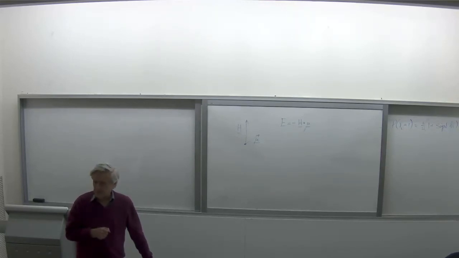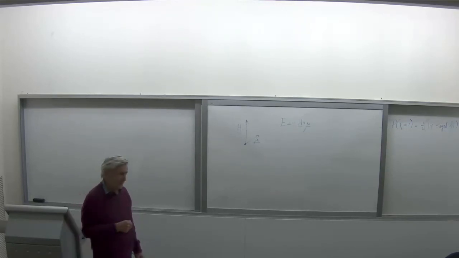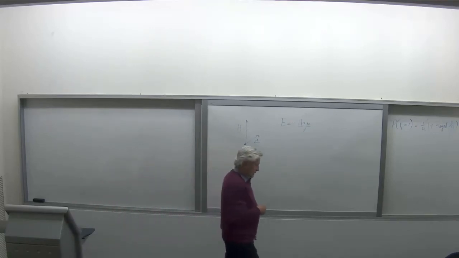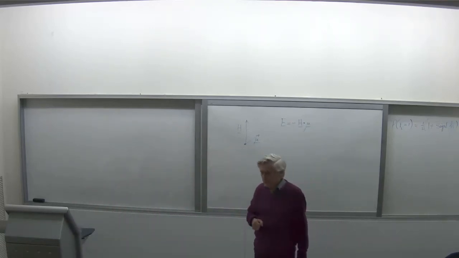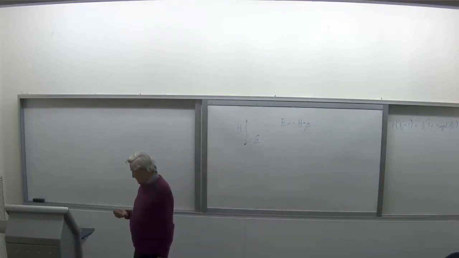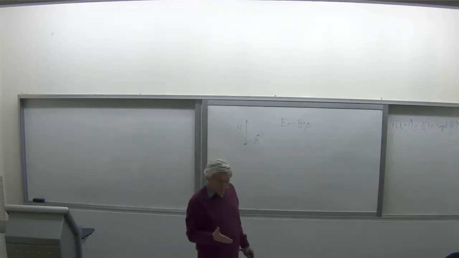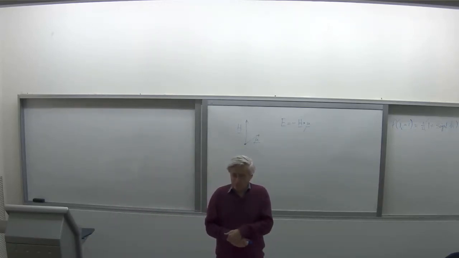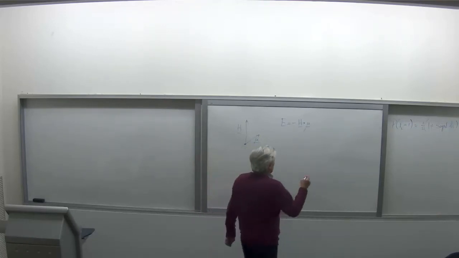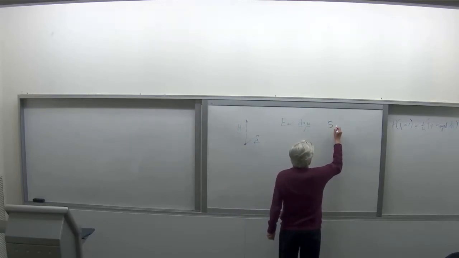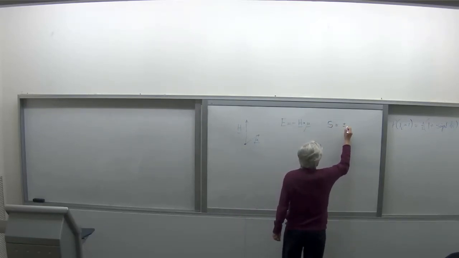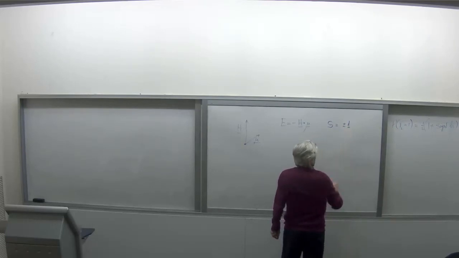These are states which have spin 1/2 or minus 1/2, and anybody with a physics background should know what I'm talking about. But for us, it's enough to assume that we have this magnetic dipole, which can be in one of 2 states, which we denote by S, and S could be either +1 or -1.